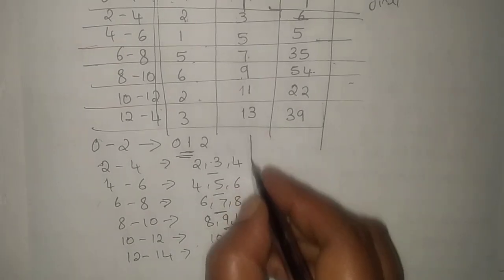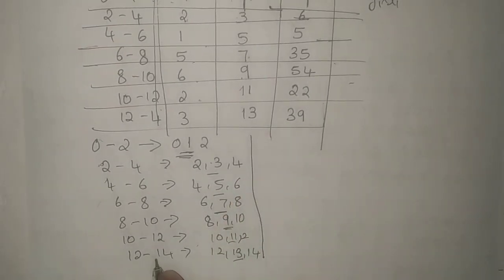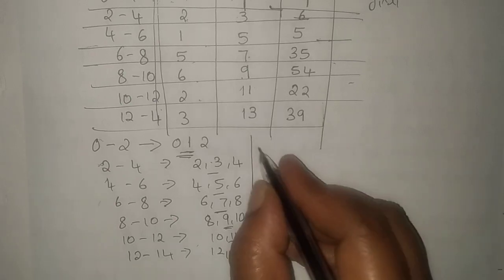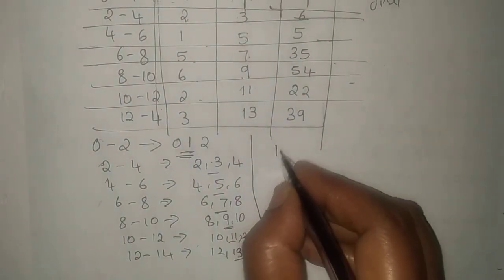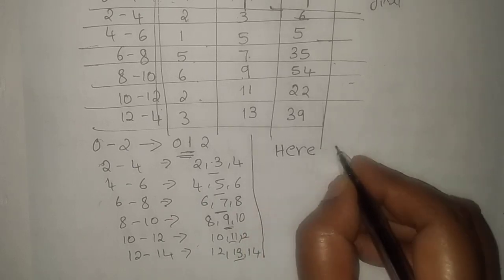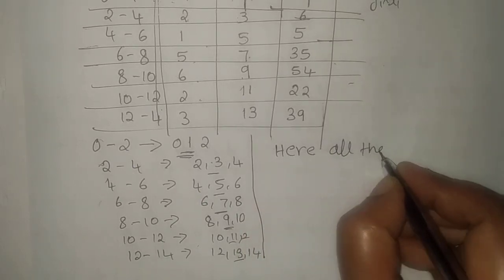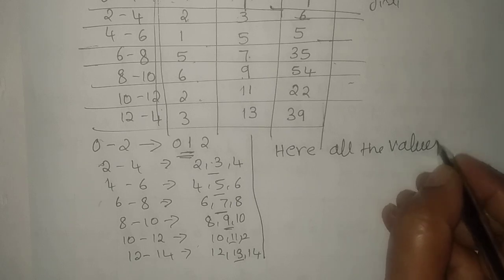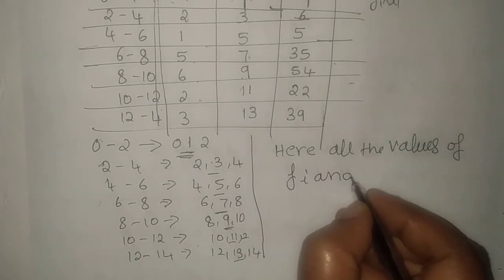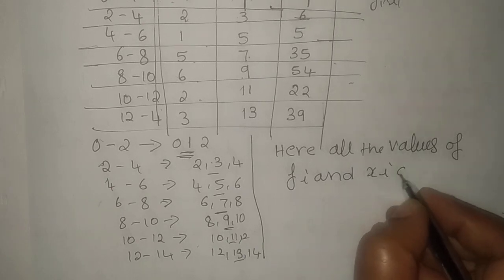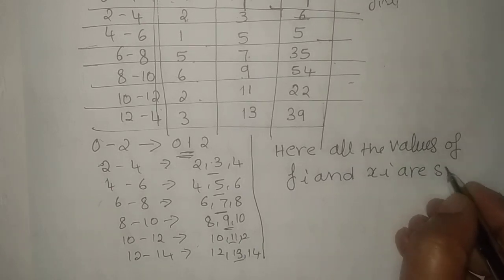Next, after all this calculation, which method do we have to use after finding all this? So here, one more point: all the values of Fi and Xi are small.